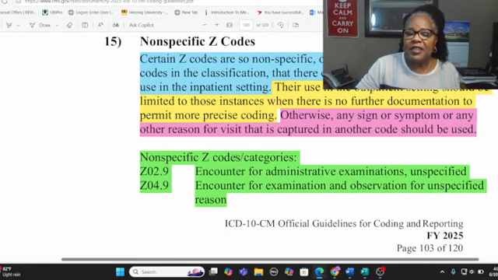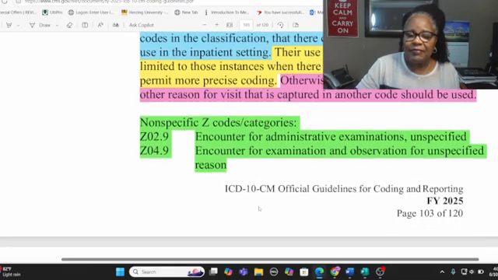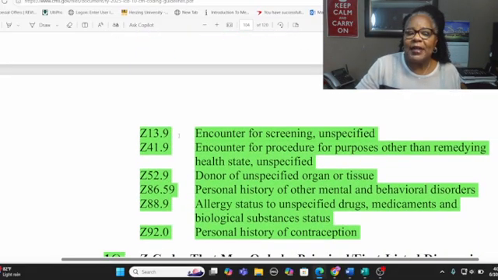And non-specific Z codes or categories include Z02.9, encounter for administrative examinations, unspecified. Think of police confinement. And when they capture the inmate, he always says he wants to go by the emergency room because he feels like he's been abused. Okay, Z04.9, encounter for examination and observation for unspecified reason. Z13.9, encounter for screening, unspecified.